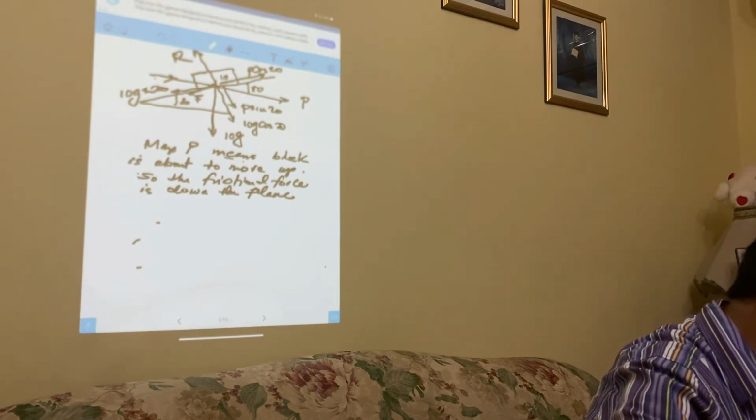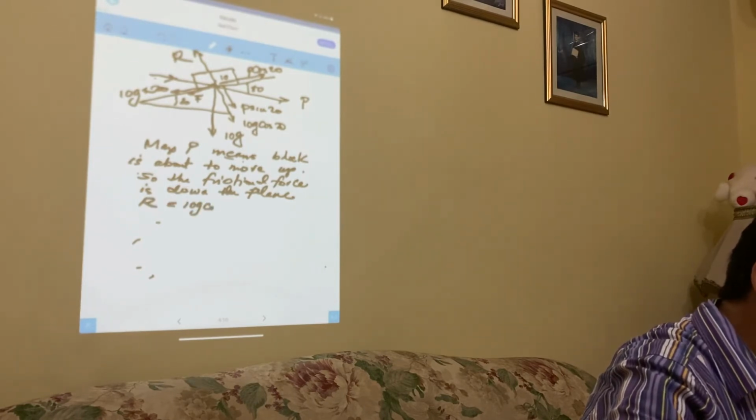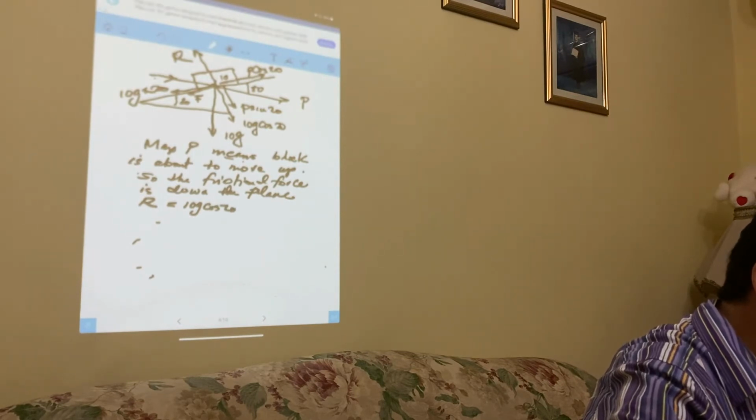We get the value of R equal to 10g cosine 20 plus P sine 20.